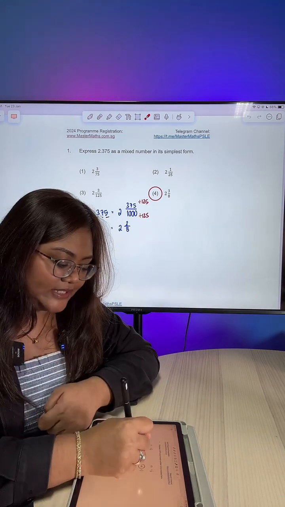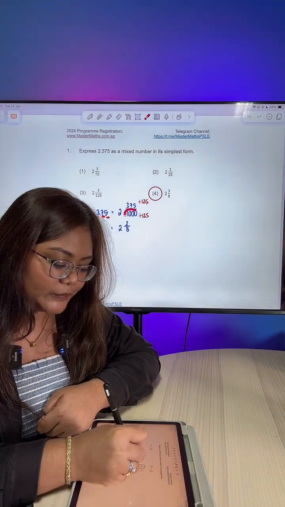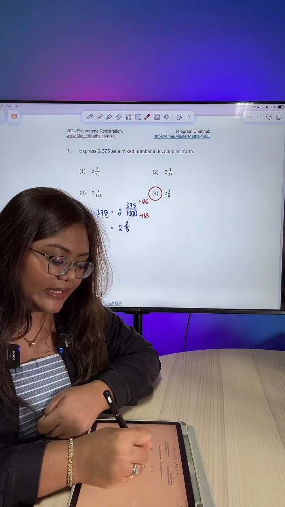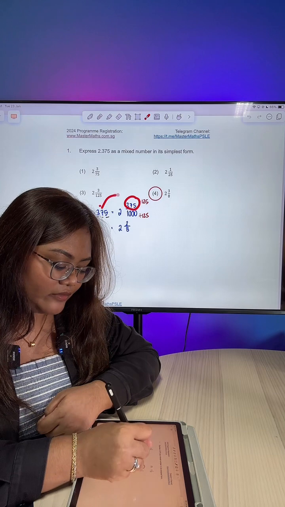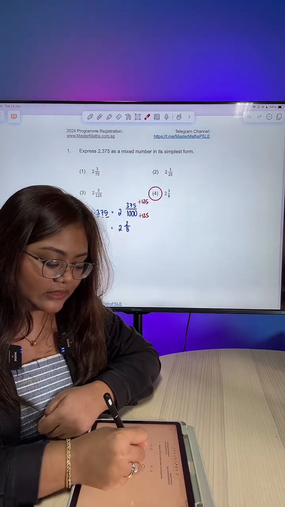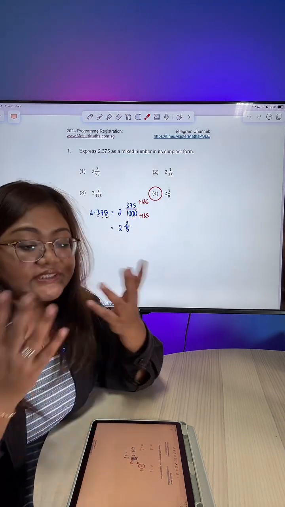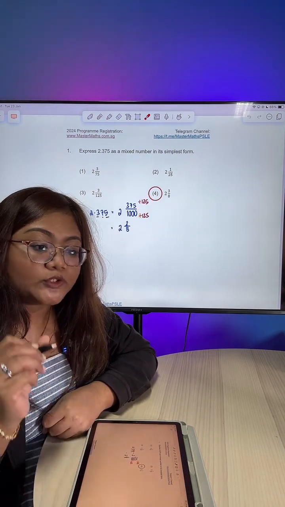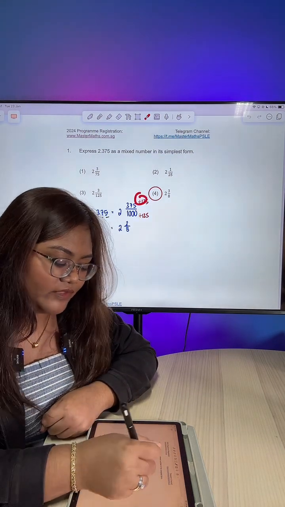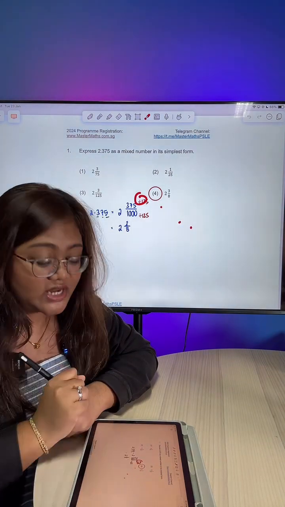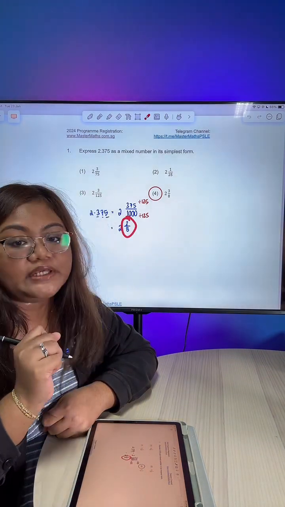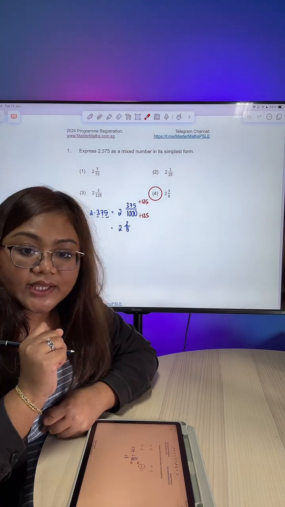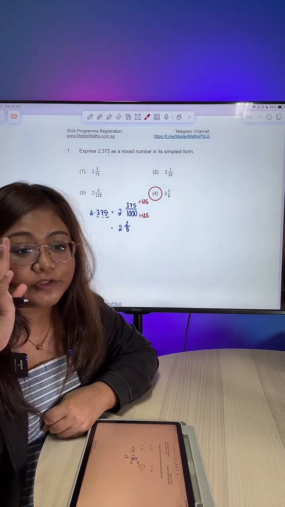Since I see 3 decimal places, I know it must be out of 1,000. Then I have 375 right at the top and 1,000 in the denominator. Then I just have to simplify. If 125 is too big for you, you can do it slowly. Divide by 5, divide by 5, divide by whatever that you can divide until you get 3 out of 8. I hope this is a little bit clearer for you guys.